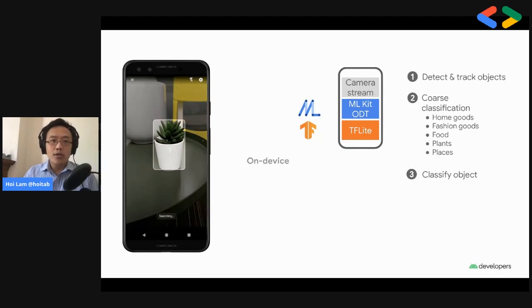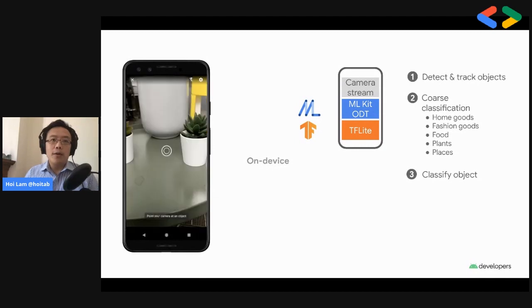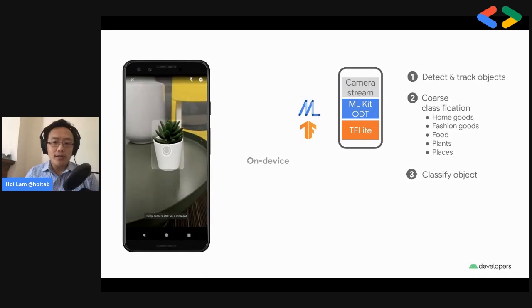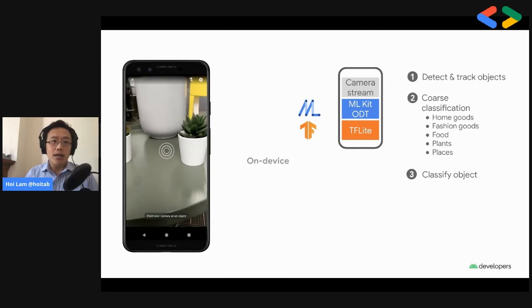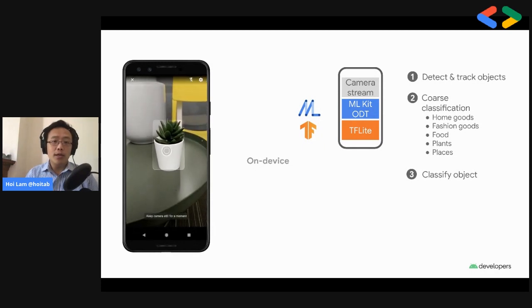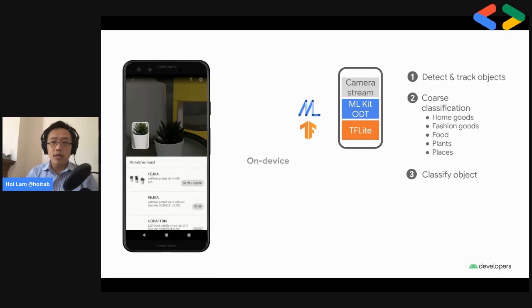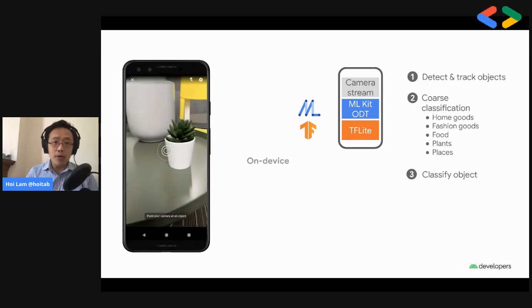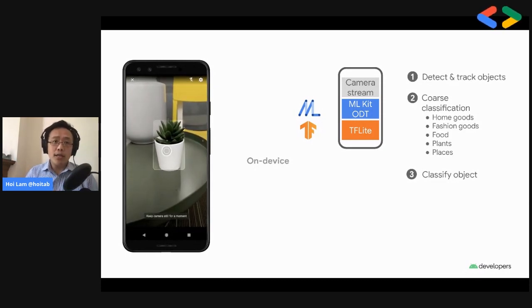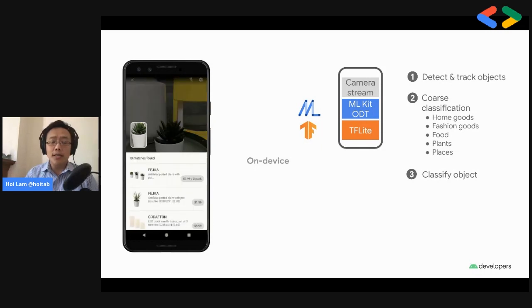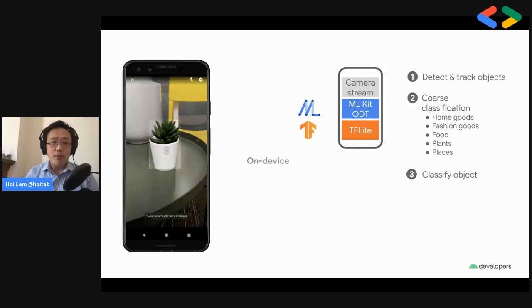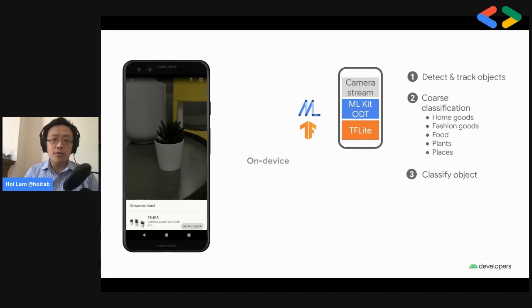So what are the different trade-offs? For some use cases, such as diagnosis of plant diseases, it may be appropriate to have the model on device because in rural areas, in whatever country, you might have low connectivity or bandwidth. So it may be really suitable to have the model on device.